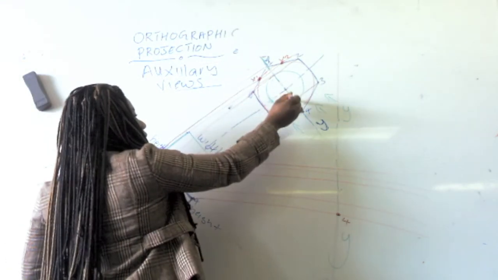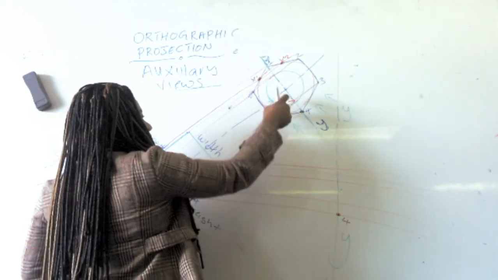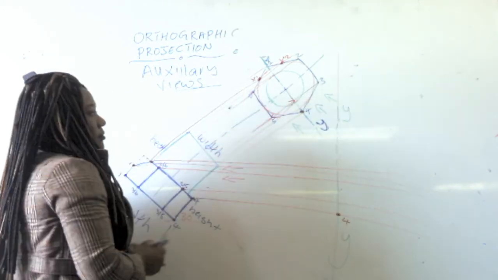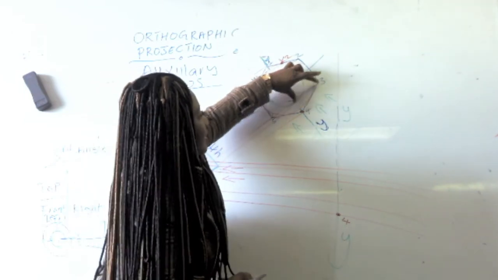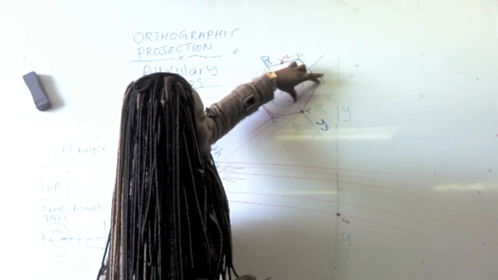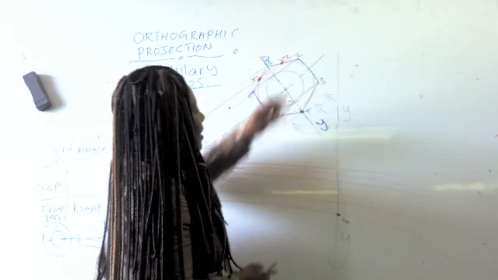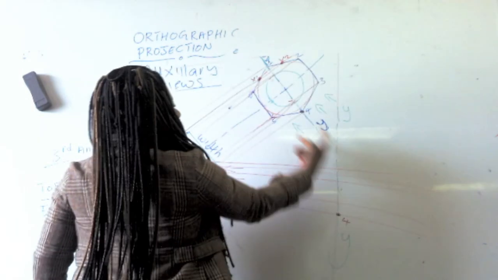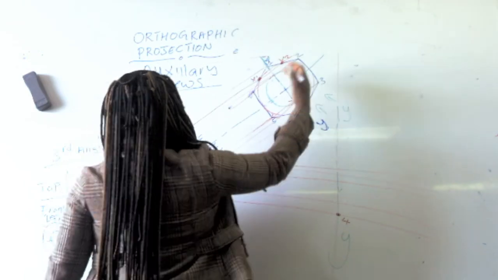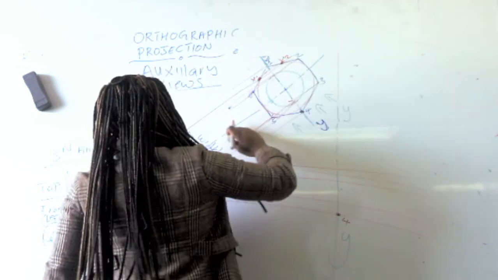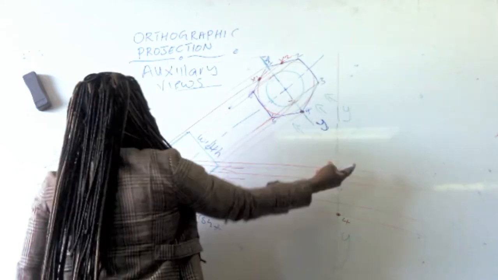You need to hold your compass and take this distance. You see that distance? Yes, ma'am. This distance here to 5, which is the same distance to 3. Yes, ma'am. And because I'm looking from the right hand side of the Y line, this is the right hand side view. This is right, this is left. Which number is on the right between 3 and 5, looking from right here?